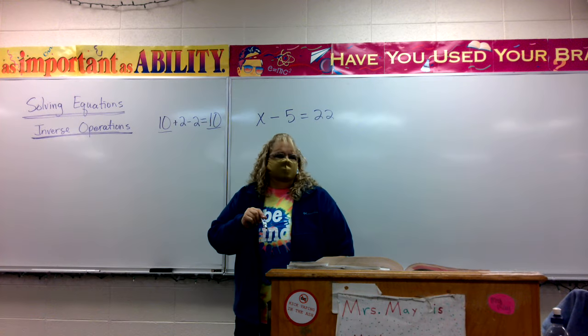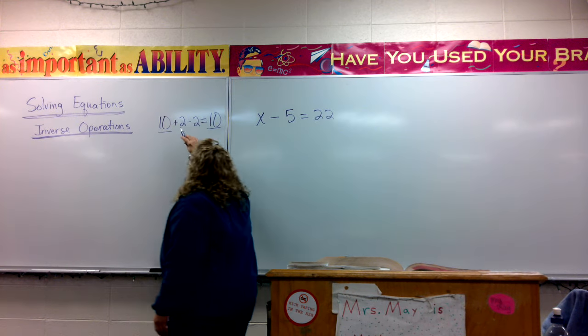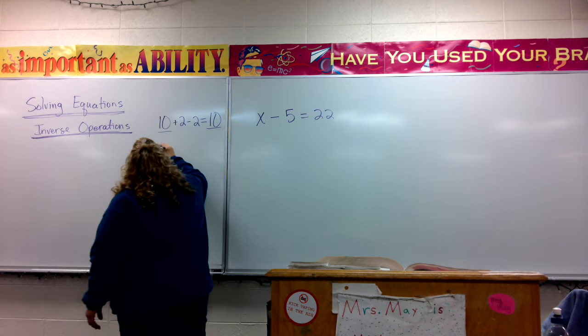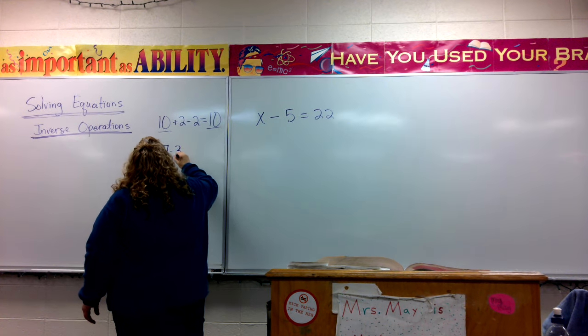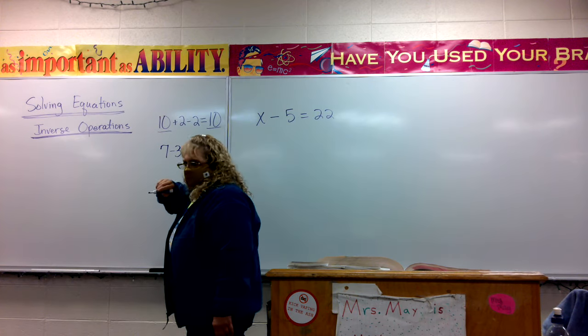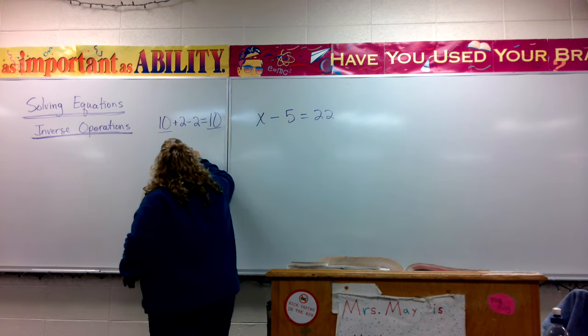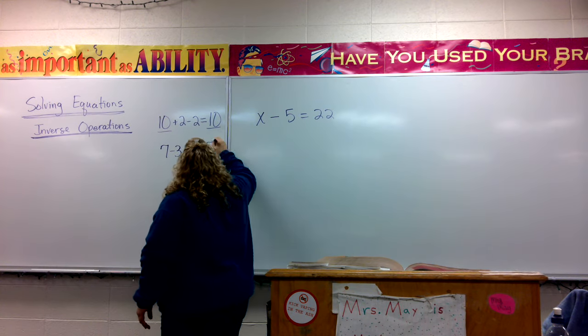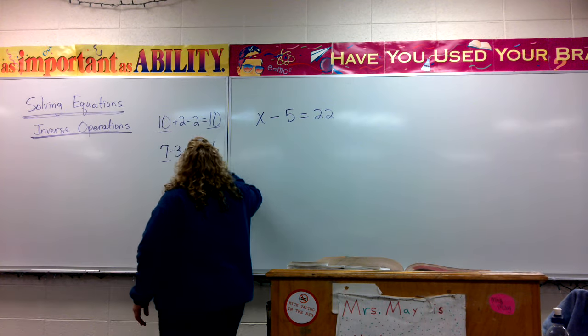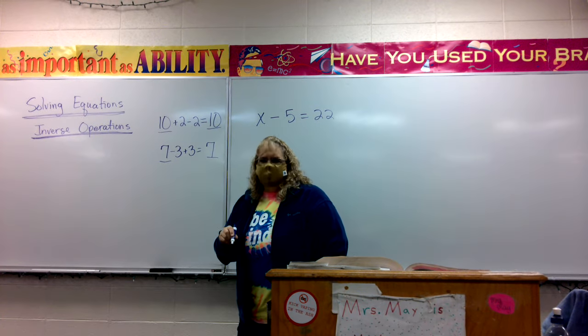That's what inverse operations do. They kind of cancel each other out. If I start with the number 7, if I take away 3, 4, and then if I add 3 again, what do I get back? You get back the same number you started with.